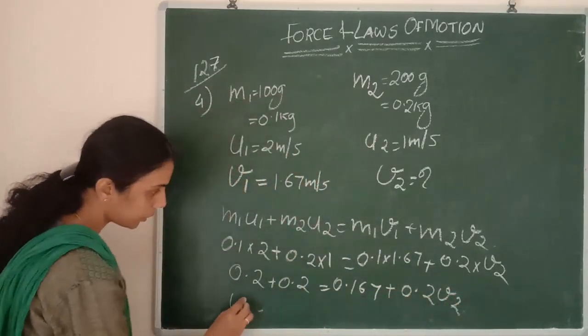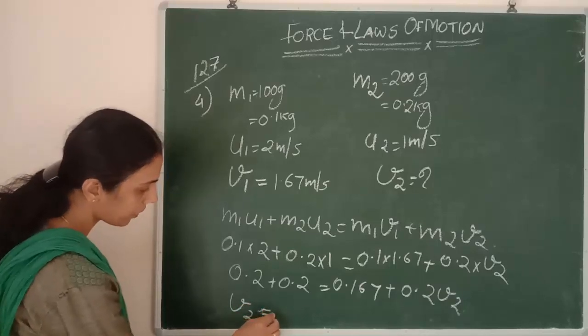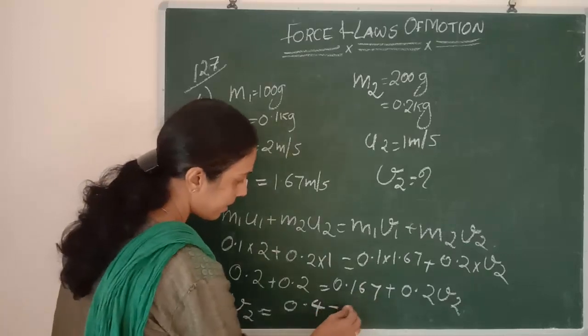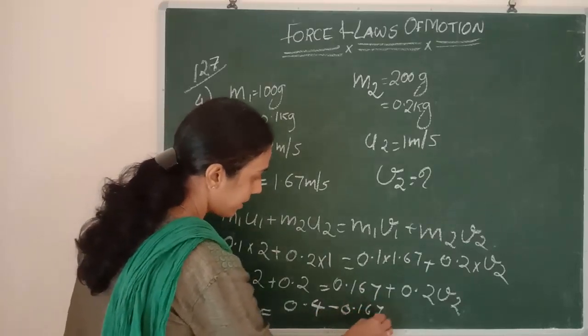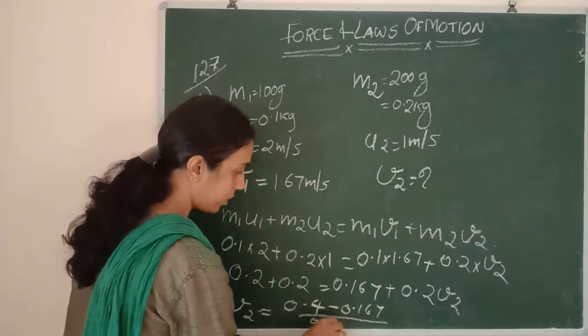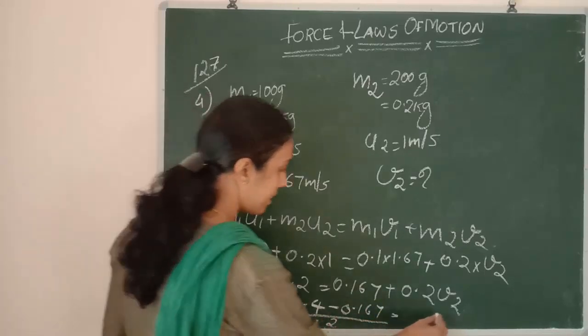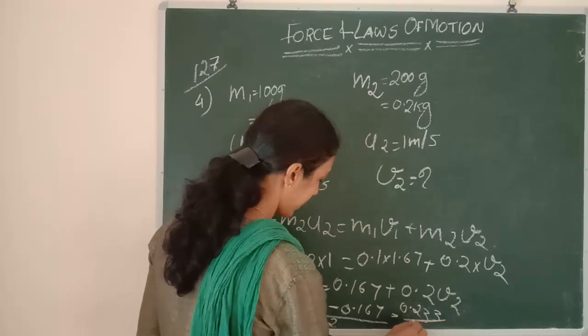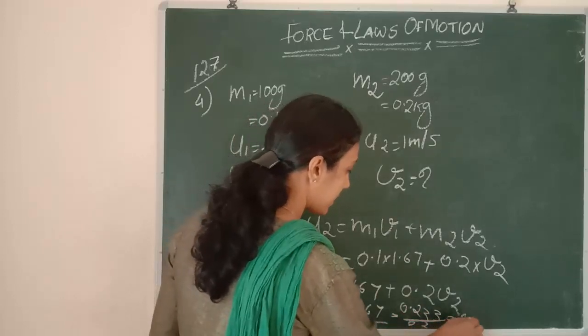Therefore, v2 equals, how can we find out? This is 0.4 minus 0.167 divided by 0.2. So you will get 0.23 divided by 0.2.